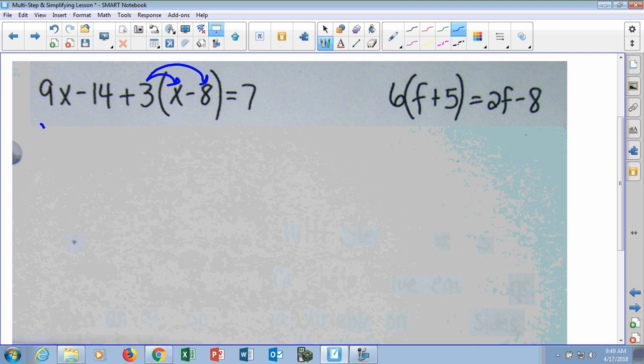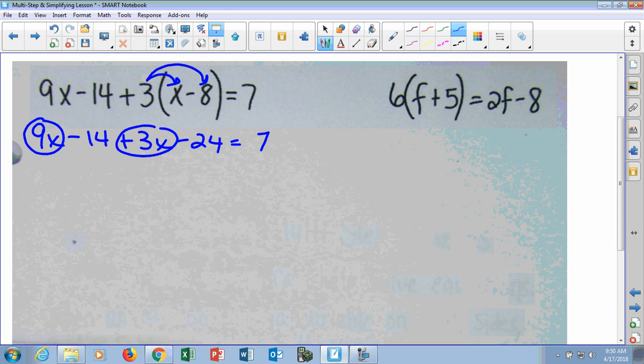So 9x minus, so 3 times x is 3x, and 3 times negative 8 is negative 24, equals 7. So now that we've distributed, we have like terms here, right? We have this, and we have that.